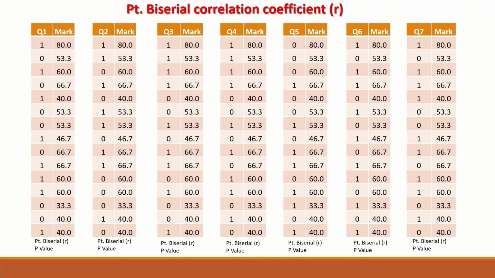To calculate the R, which is the coefficient, or to execute the point biserial correlation statistical test, take every question with its scores 0, 1 and correlate that with the total mark for the whole student group. And we do this for every question or every item to generate a specific R value for each question and the P value for that question. This is how it is done in a statistical package or software.